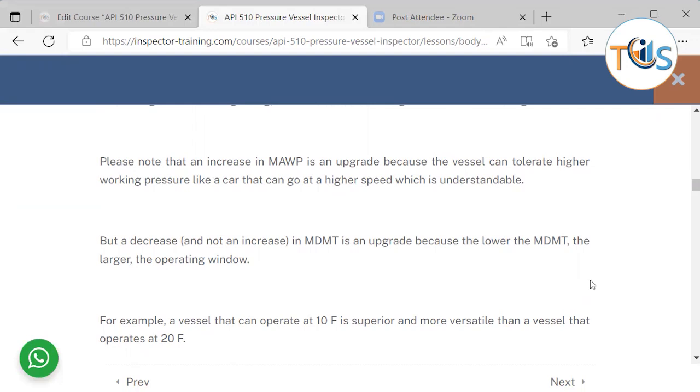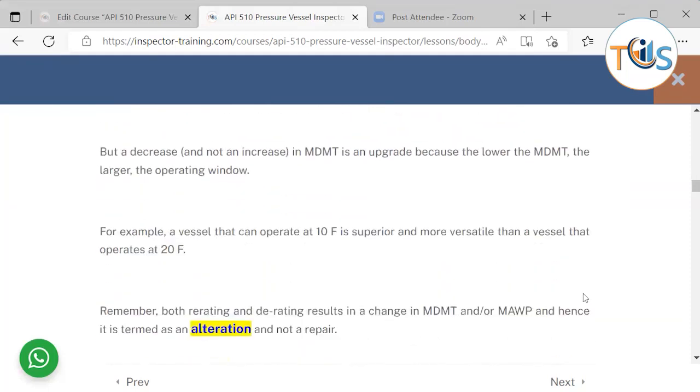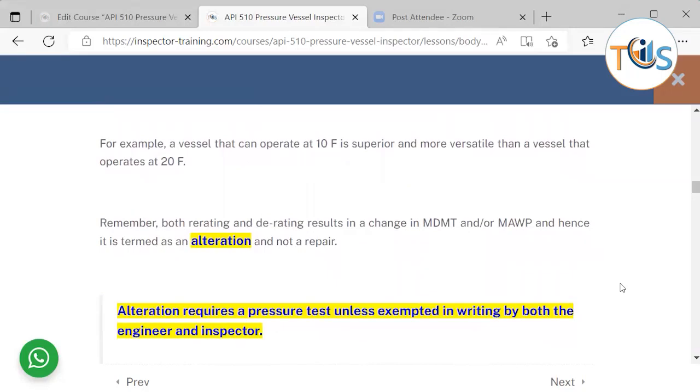For example, a vessel working at 10 degrees Fahrenheit is superior to a vessel working at 20 degrees Fahrenheit, because it can cover a longer range. It can even work under colder conditions, because the metal turns brittle as the temperature goes down. So if it can work at a lower temperature, you are actually upgrading here.